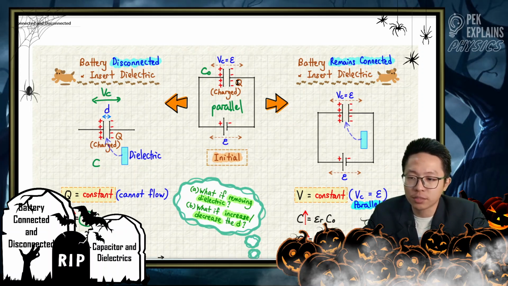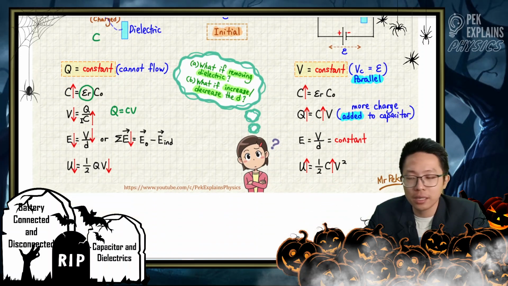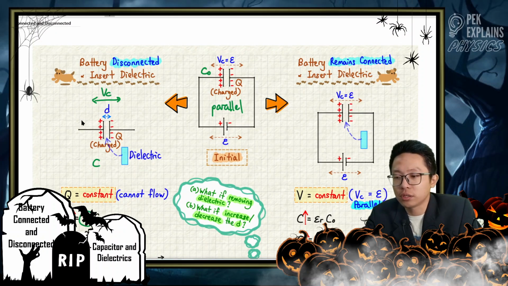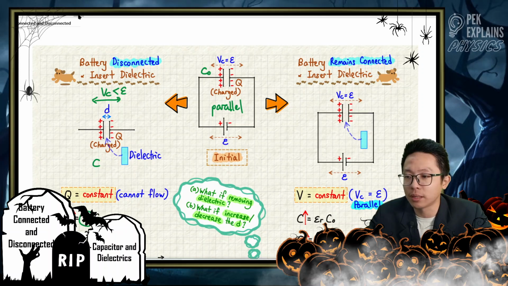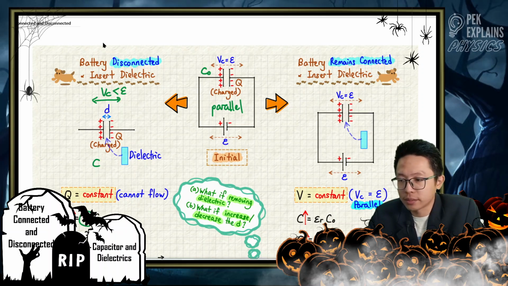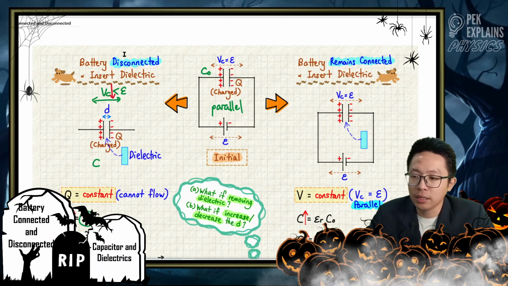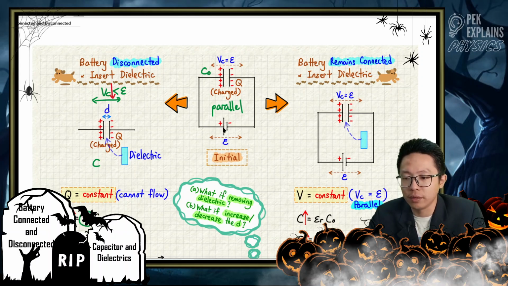Last time when the charge was maximum, the voltage equaled the EMF, isn't it? Now the voltage of the capacitor decreases. That means the voltage of the capacitor is now less than the EMF. Maybe last time the EMF is 10 volt, and the capacitor also achieved 10 volt.